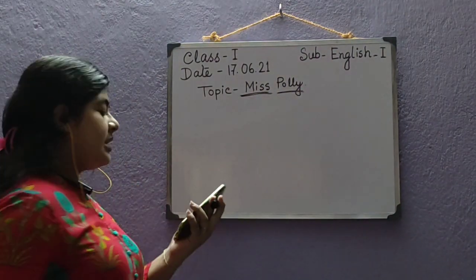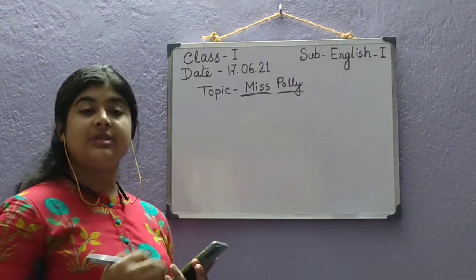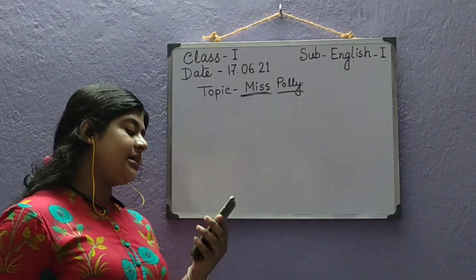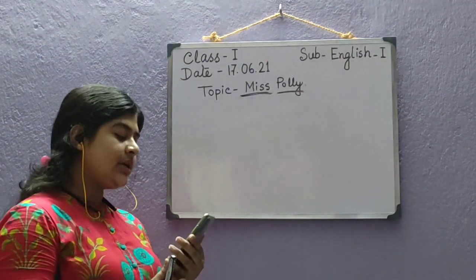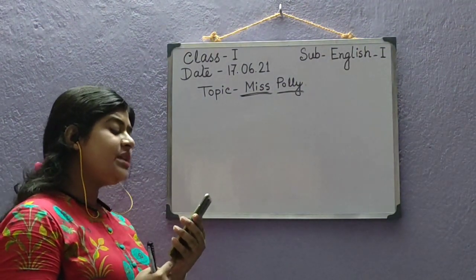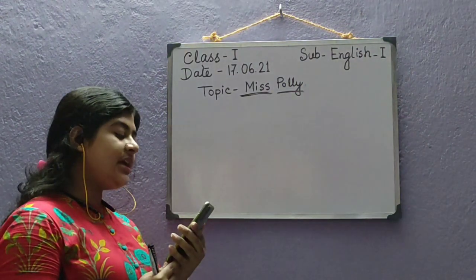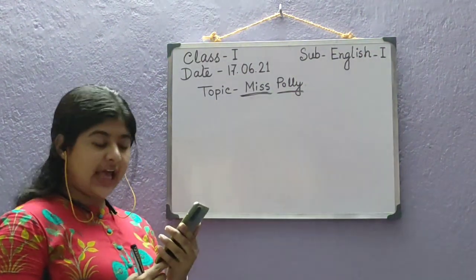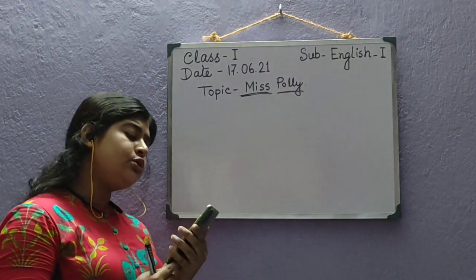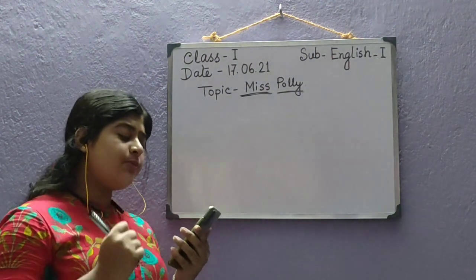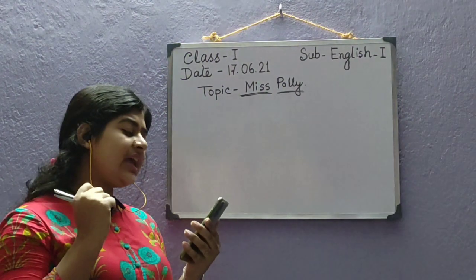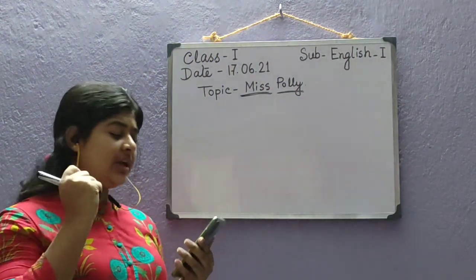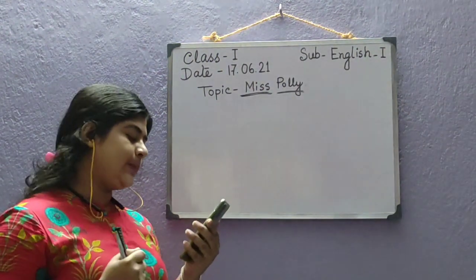Before going to the poem directly, let's see the pictures presented in your book. The first picture shows one little girl holding a doll in her hand, and she is also talking to someone, holding the phone in her right hand, as if she is telling something over the telephone.